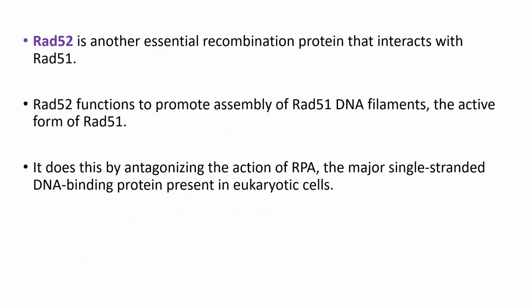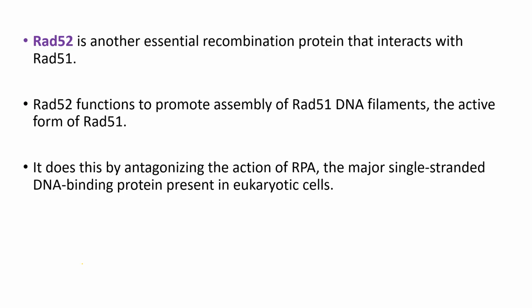And this RAD52 does this by antagonizing the action of RPA, which is a major single-stranded DNA binding protein present in eukaryotes. So here also, it is ensured that the SSB should not bind to the single-stranded tails first. And in fact, RAD51 and DMC1, the proteins involved in strand invasion, should bind to the single-stranded DNA tails.